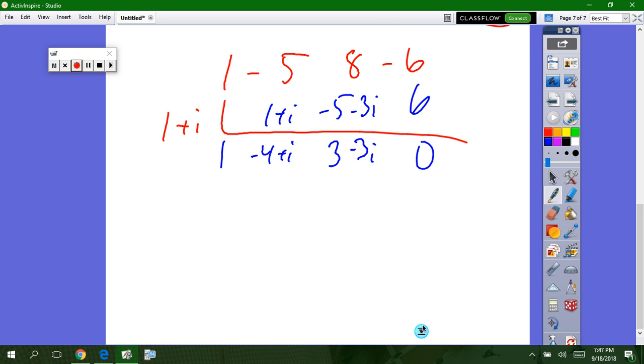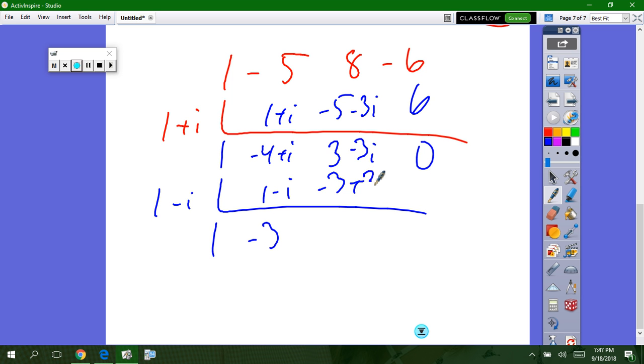Interesting, huh? The second one's really easy, though. The first one is a little hard, but the second one, watch, it's not 1 plus i. What would it be on the second one? 1 minus i. Watch how easy this guy is, though. 1 minus i times 1. 1 minus i. 4 plus 1, negative 3. 1 times negative 3.